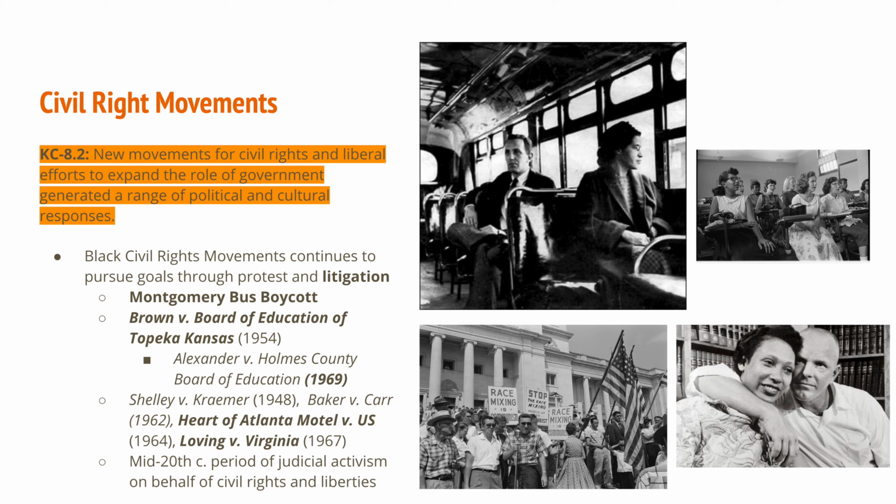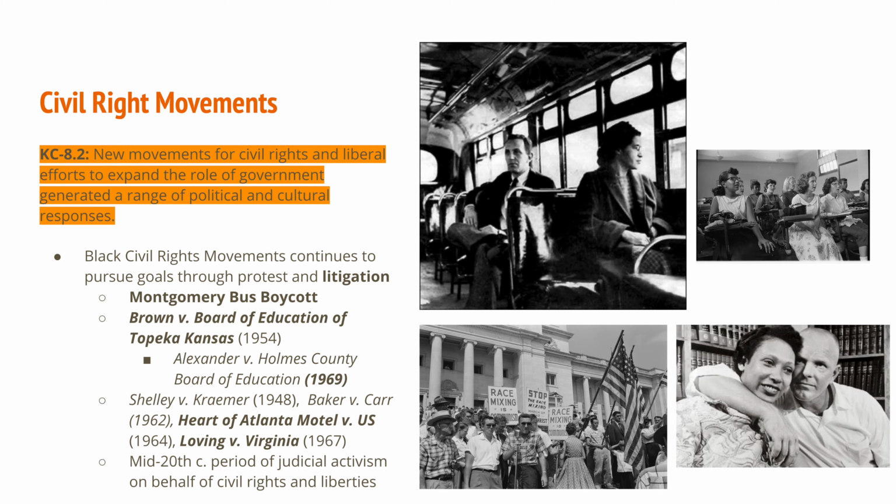She had been an NAACP field worker and wanted to challenge the law in Alabama that public transportation had to be segregated, that black people had to ride in the back and white people could ride in the front. So she is challenging the law, is booked, and is given her punishment for it.